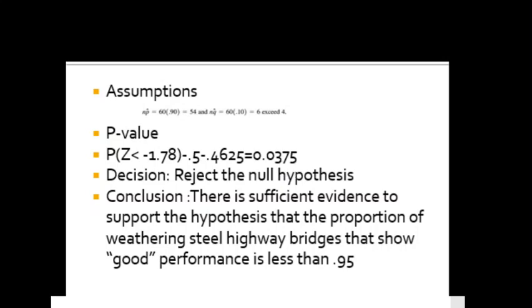At 0.05, we will reject the null hypothesis. That means that there is sufficient evidence to support that the proportion of bridges that show good performance is actually less than 0.95. Okay, so that's the test for proportions.